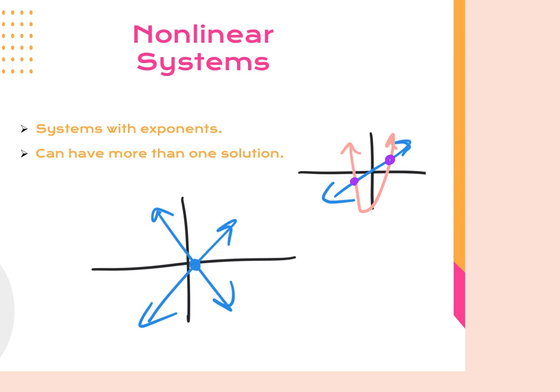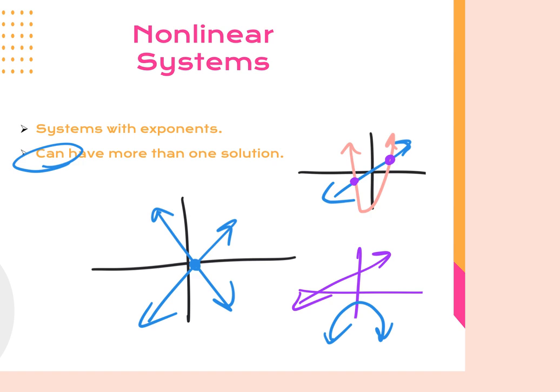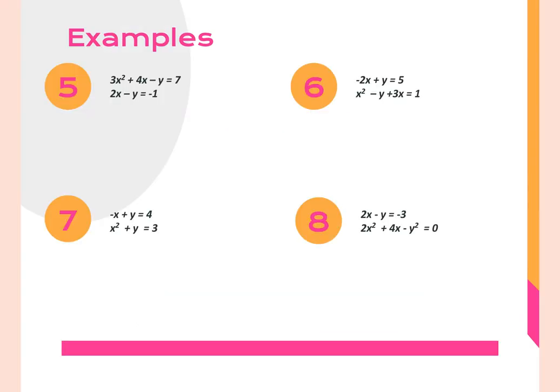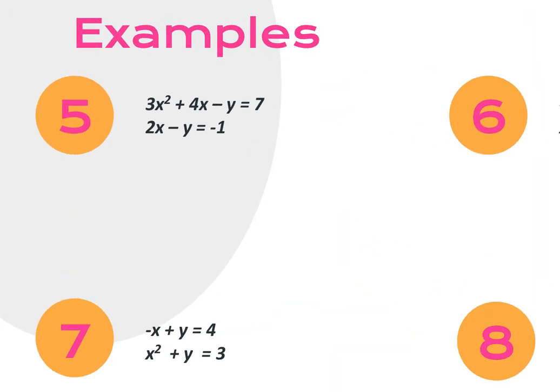You don't always get more than one answer. As a matter of fact, if they're turned the other way, you'd get no solution. If this went this way and my parabola went that way, they'd never intersect and you get no solution, okay? So that's why the word can is here. Can have more than one solution. All right, so they'll look like this.